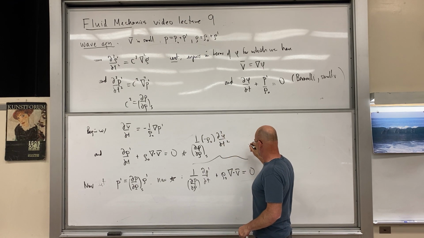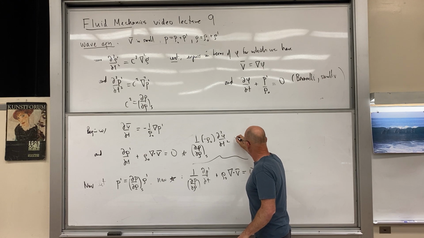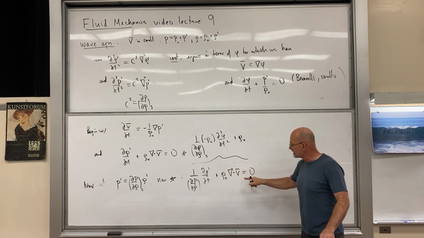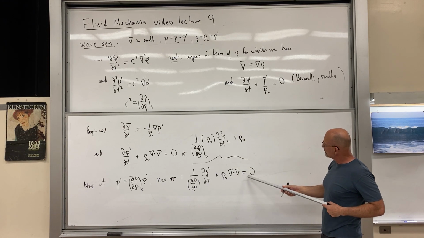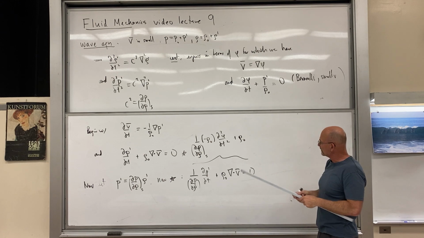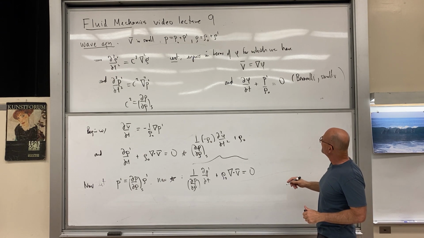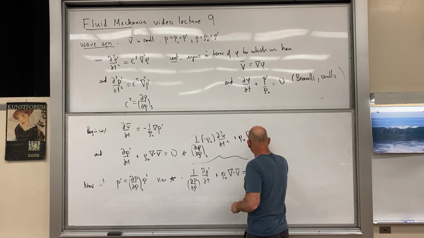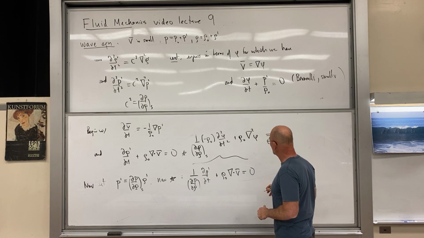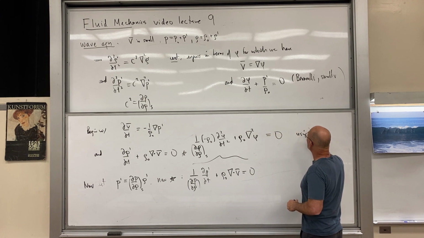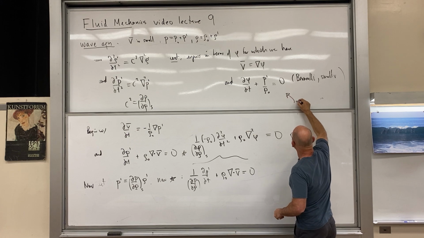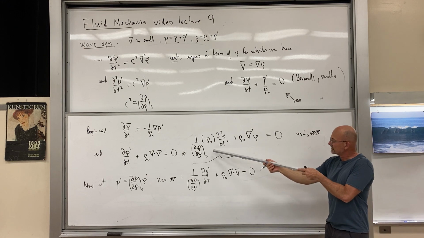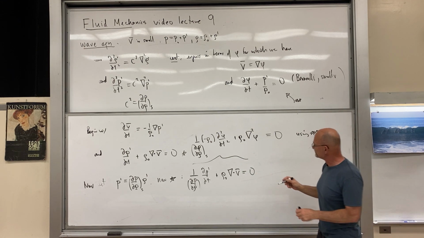And then we're going to have plus rho naught divergence of v, but there's our del squared, right? Divergence of the gradient gives us del squared, so del squared phi is equal to 0, using those guys. And when the dust settles on this thing, we'll have what we're looking for.